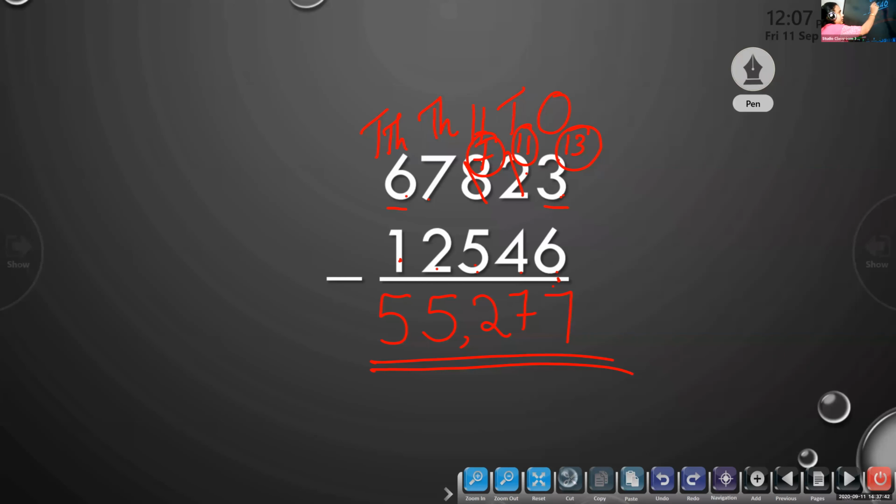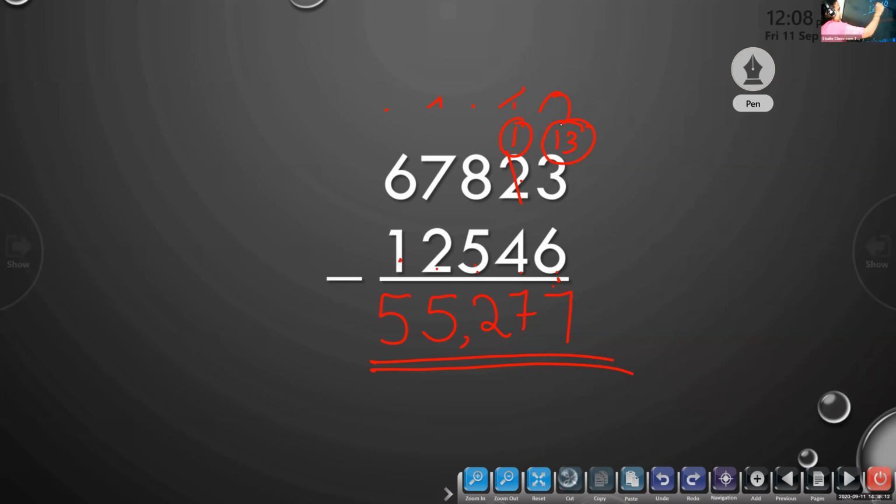Okay, so children, check one more time. You have to write the big number on the top, then line up the numbers one below the other, then start subtraction from ones place. And if the number on the top is small, you have to borrow. Here 3 is smaller than 6. So you have to take one number from the tens place. So here it will be 1, here it will be 13.